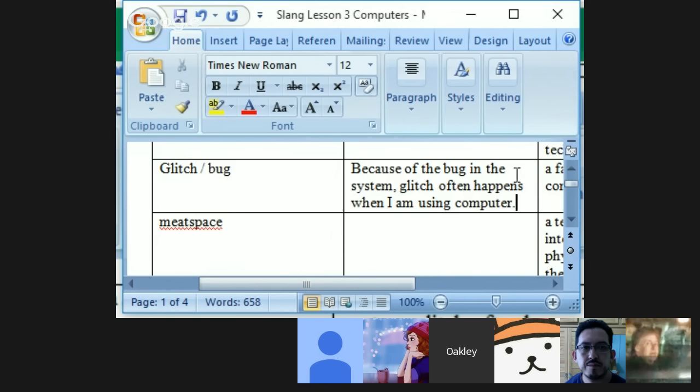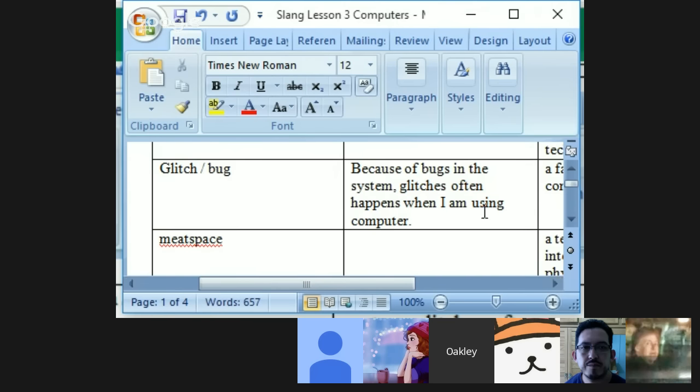Because of the bug in the system, all right. You can only use the bug if you're talking about one specific problem. Do you mean one specific problem or problems in general? Bugs. It can be plural? It certainly can, and it often is, Ken. Definitely glitches and bugs are countable. Unfortunately, they are totally countable. Because of bugs in the system, all right, then we need plural again. Glitches, yes, often happen.